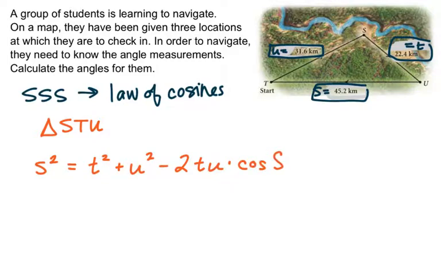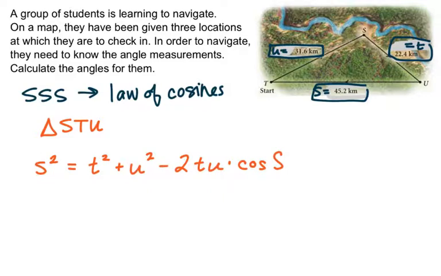I want you to compare this with your previous notes and make sure this makes sense, how I've set this up. Remember, I said that when we're solving, the biggest issue I see is students plug all of these numbers in and then they calculate incorrectly. Let's look at what this would be if we plugged all of our numbers in.